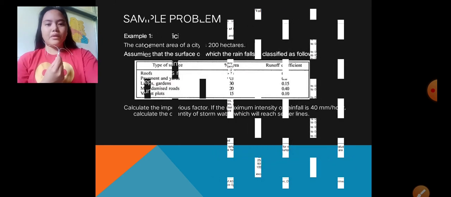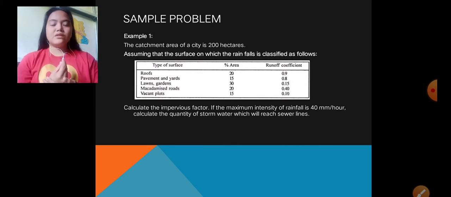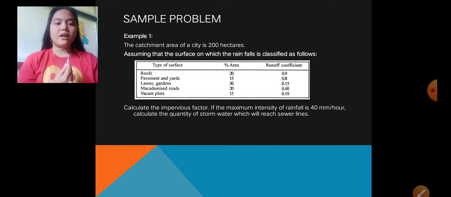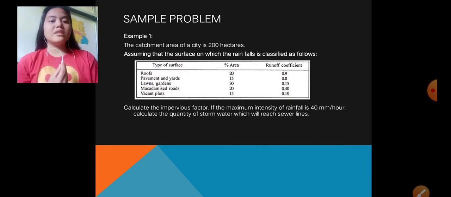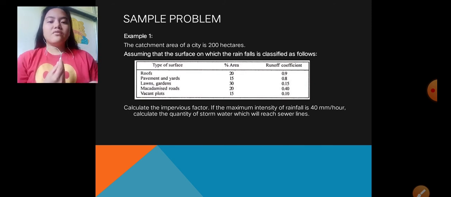So sample problem. The catchment area of a city is 200 hectares, assuming that the surface on which the rain falls is classified as follows. Type of surface, percentage area, runoff coefficient.